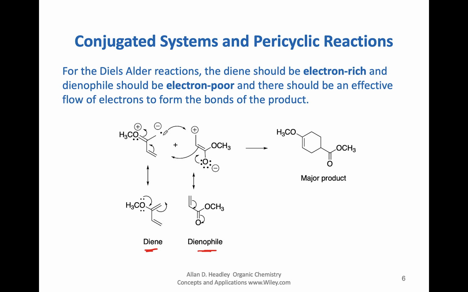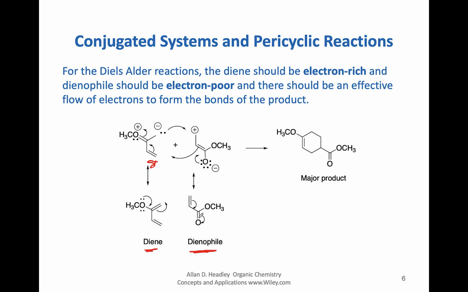So here we have this as negative, and if you pull electrons from this double bond to neutralize that positive charge, you can see this is partially positive. As you can imagine, this is nicely set up for a reaction because the dienophile here has this group bonded to it.